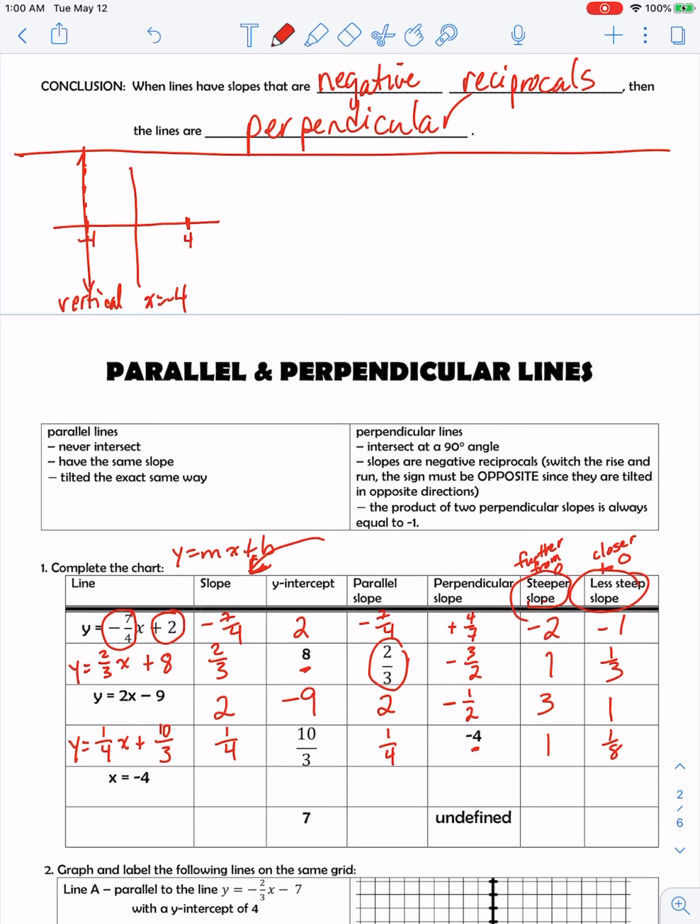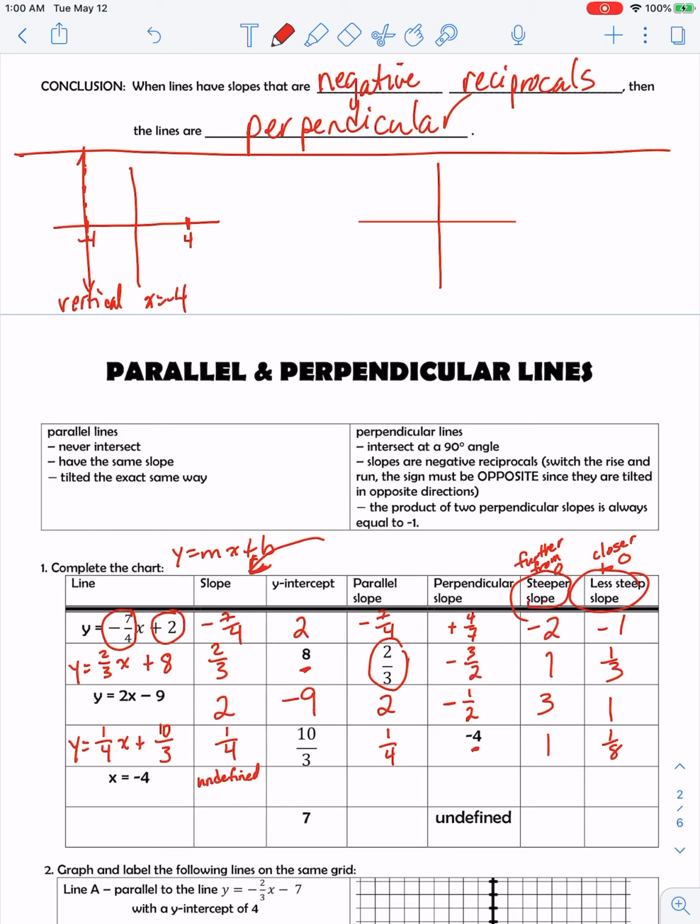Okay, they're kind of weird. And then for horizontal lines, that's going to be the next one. There we go. So x equals -4. It's a vertical line, so its slope is undefined. This is just a little bit of memory work.